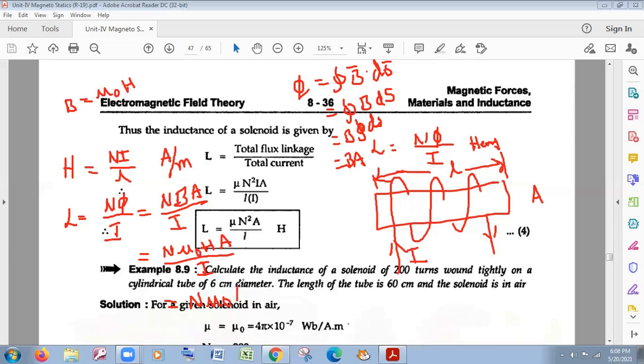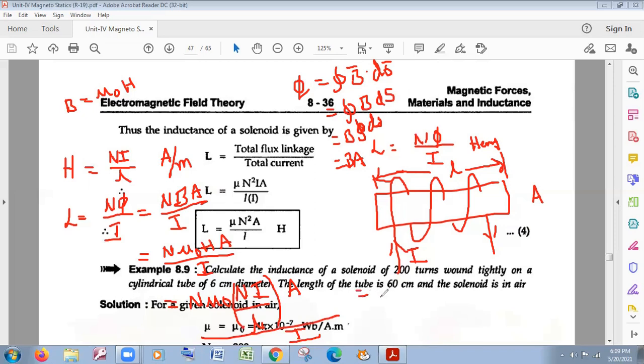So N into mu, H is NI by l, into A, whole divided by I, is the total flux linkage.